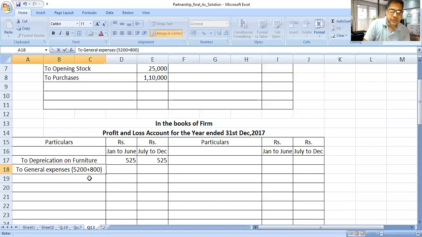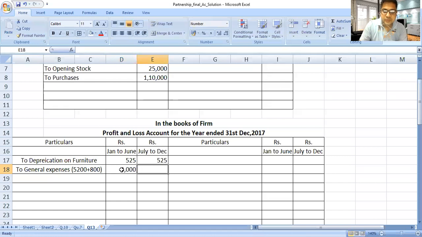Total amount of general expenses is 6,000. Now 6,000 we will divide into two terms: January to June 3,000 and July to December 3,000. I hope you understood what is going on, what we have to record and how we will write.